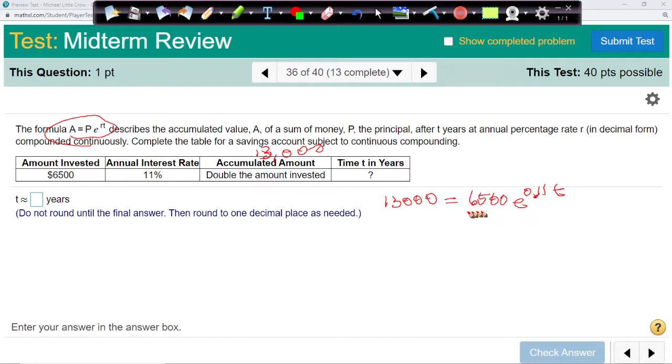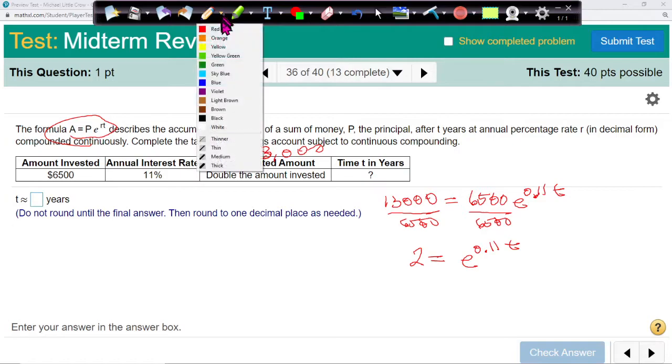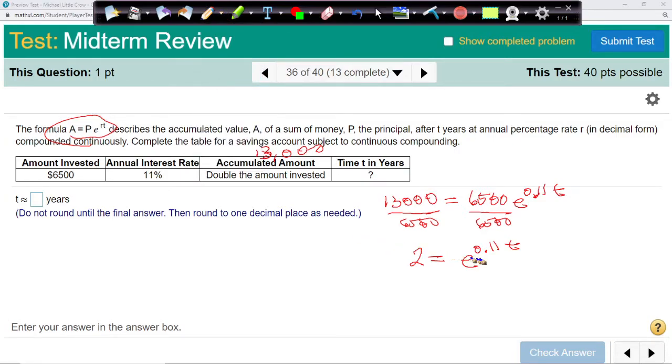Okay, go to solve this. This is 6,500. 13 divided, that's 2. You could jump to this a little easier. E to the 0.11t. And like we did the last time, we just go ahead and take the natural log of both sides. The exponent comes down.